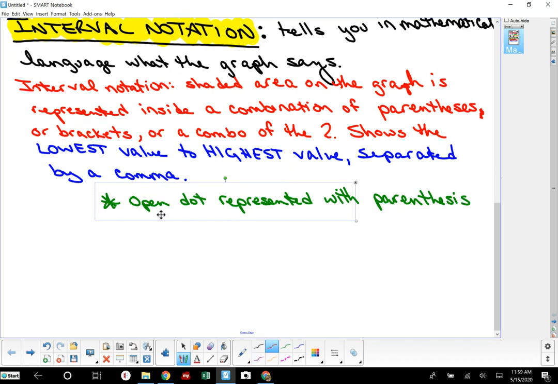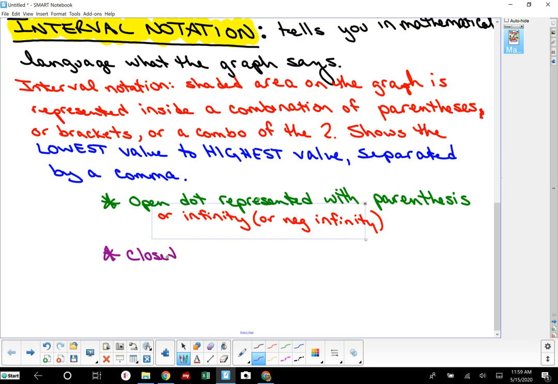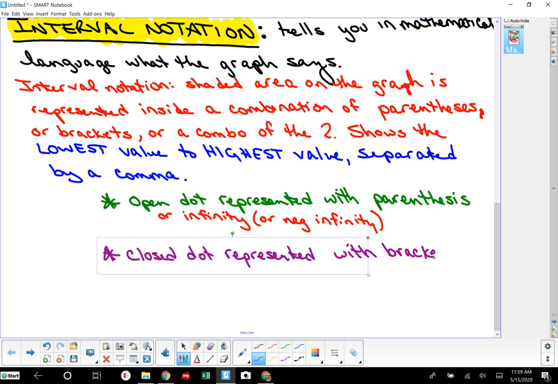An open dot, or infinity or negative infinity, is going to be represented with a set of parentheses. A closed dot on the graph will be represented with a set of brackets. And those look like that.